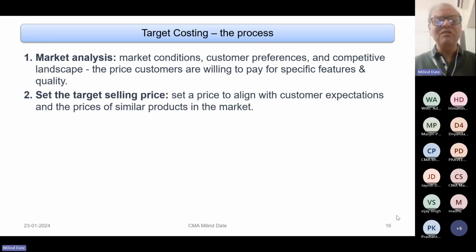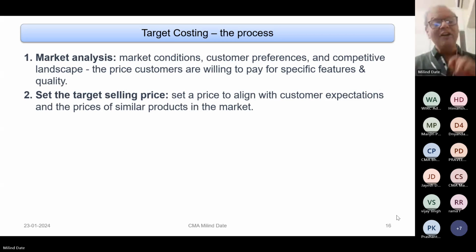So you can't come with your set of channels and say, hey, I will charge you 5 rupees per day. Nobody will pay you. So while setting a target selling price, you need to be judgmental, ensure that you don't deviate too much from what the customers demand, and still be able to provide the same features, same quality, and the same level of service to the customers.